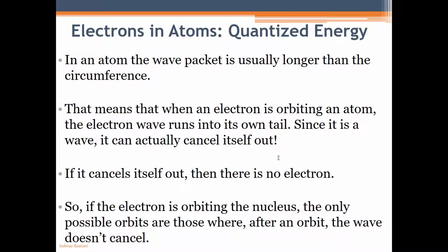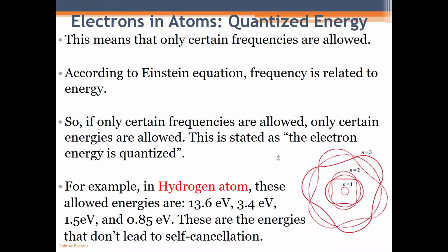Okay, so again, imagine a nucleus and there is a wave going around an orbit around the nucleus, but the wave is so long that the head reaches the tail and they can cancel each other. If this happens, it means that there can't be anything in that orbit. So the only possible orbits where electrons can exist are those orbits where the wave does not cancel.